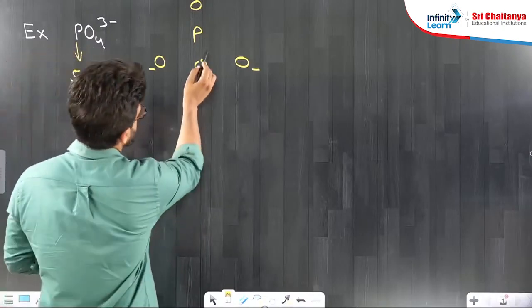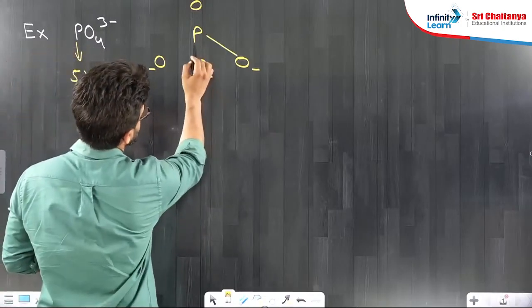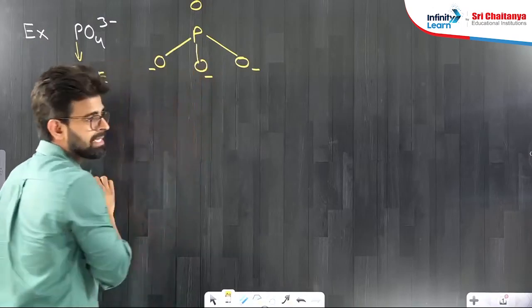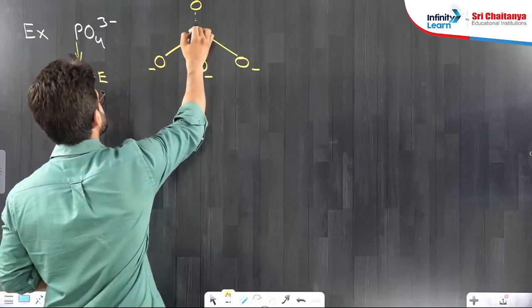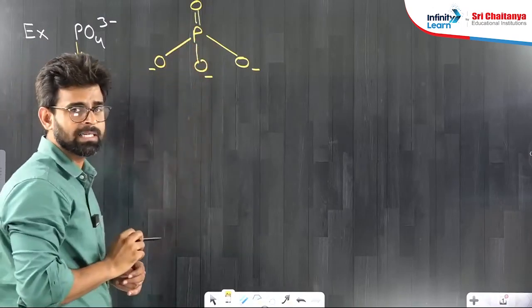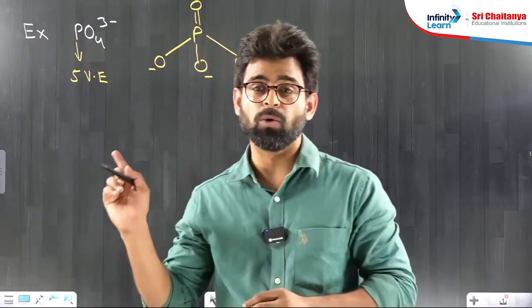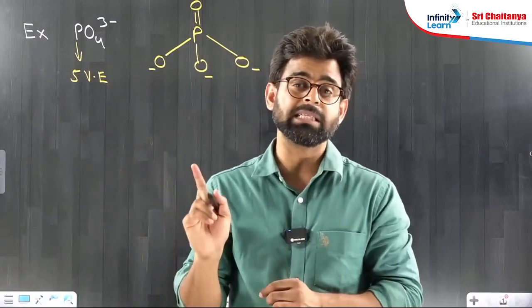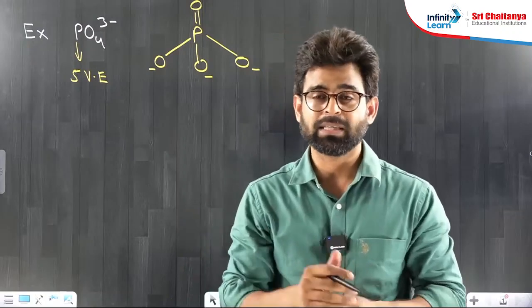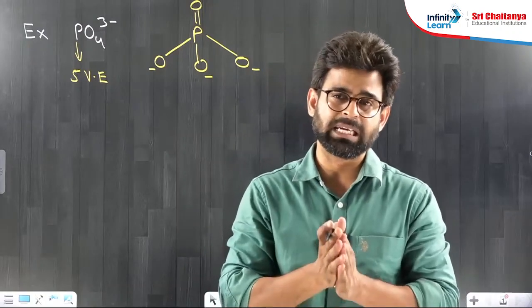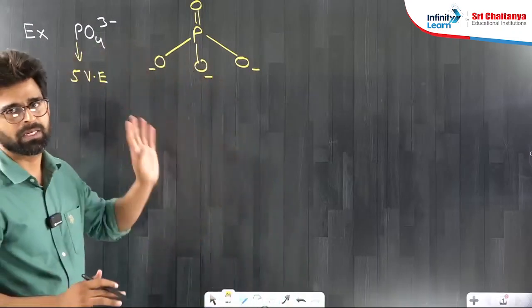So you will see O negative is making single bond and single bond, right? Neutral O will make what here? Double bond. That's it. P had 5 valence electrons. Out of 5, you can see all 5 are used in making these 5 bonds. So no valence electron is left on the phosphorus. That's why there is no lone pair. That's it. It is finished up to here.